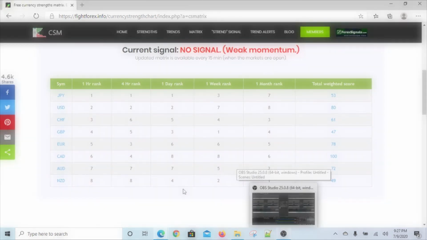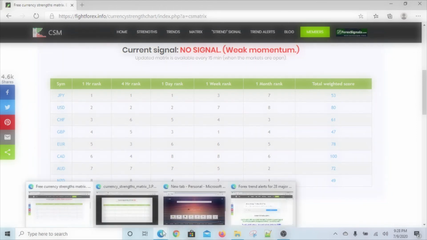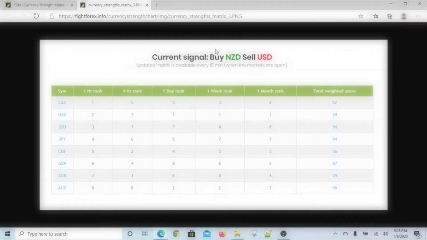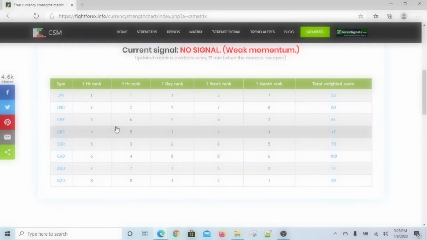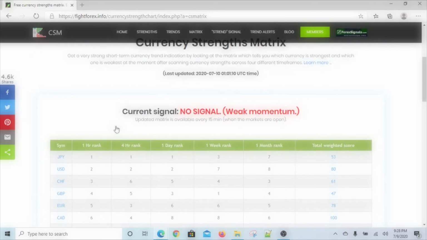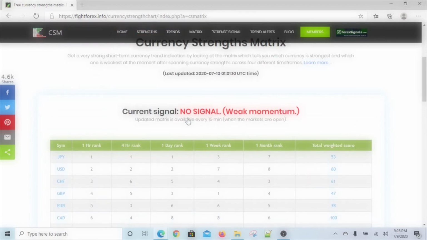One last point before I close this video. When the matrix is showing a signal like this, it's clear, but you will find out, like coincidentally the situation right now on the site, that it also says there is no signal, right? What does that mean?